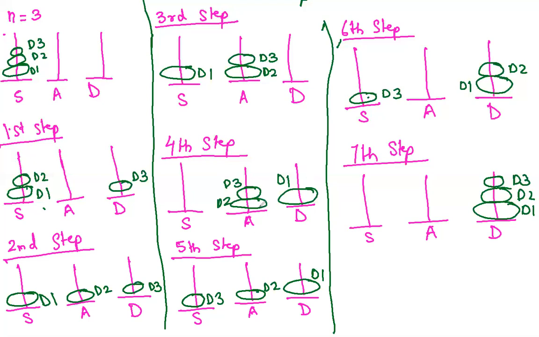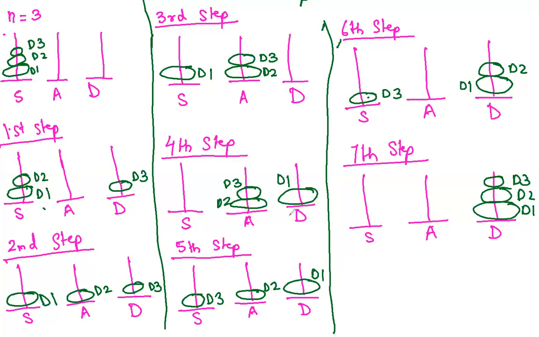So how can we get D2? If we move D3 from A to S, then D2 becomes alone in the auxiliary peg. So we can move D2 to D1 in the sixth step. And then in the last step, we can put D3 above D2, that is, to the destination.